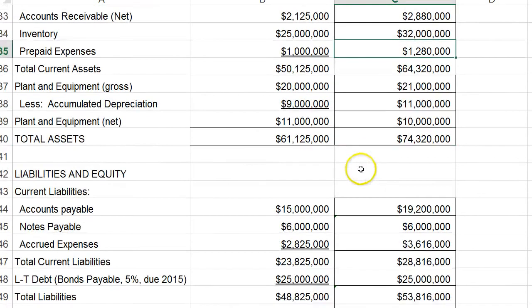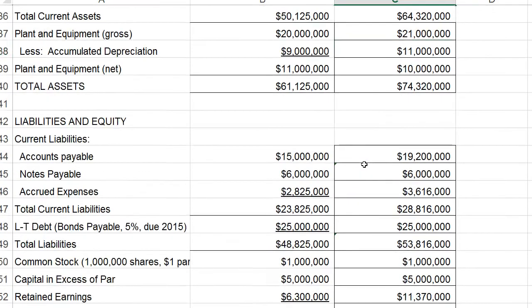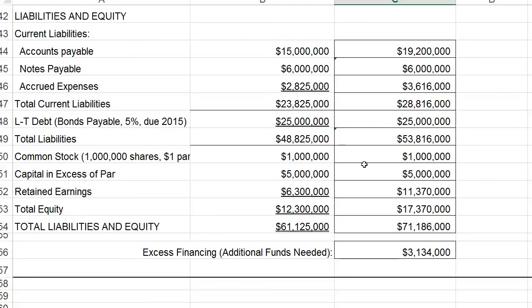When we increase all these assets, part of that can be paid for through our profits. So our addition to retained earnings can pay for most of that, but of the increase, it fell short by about 3 million.